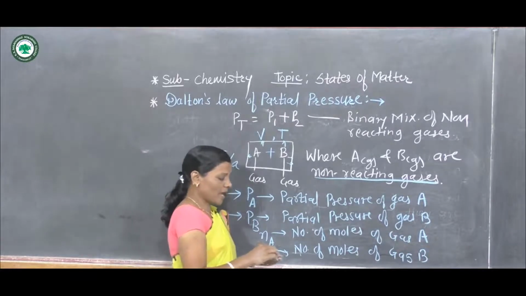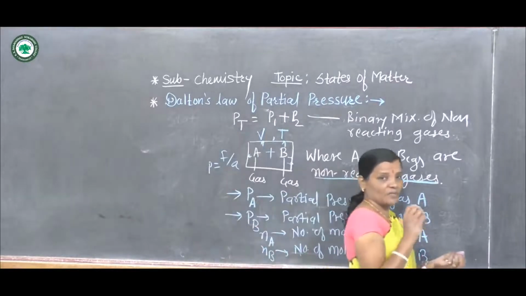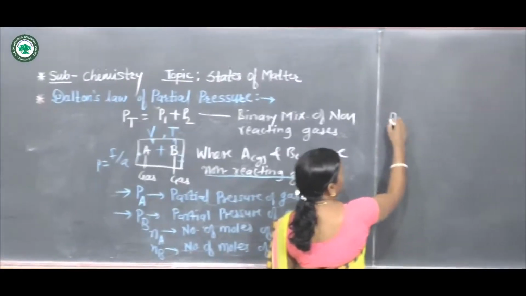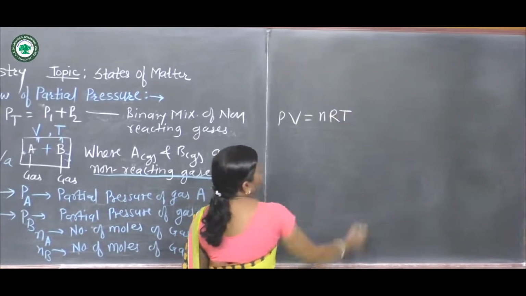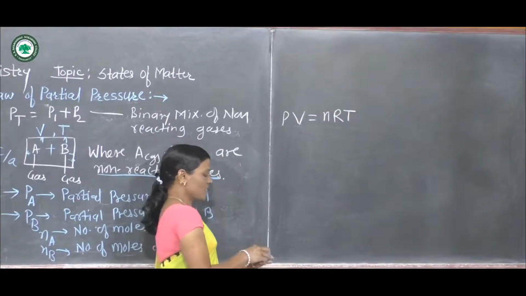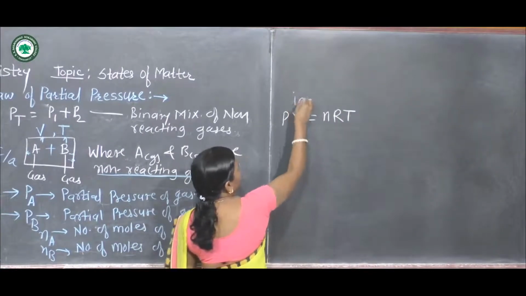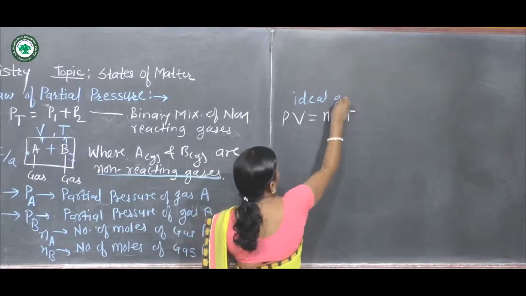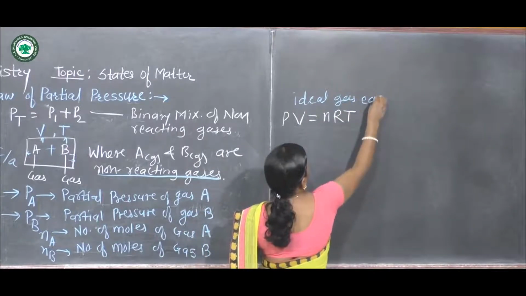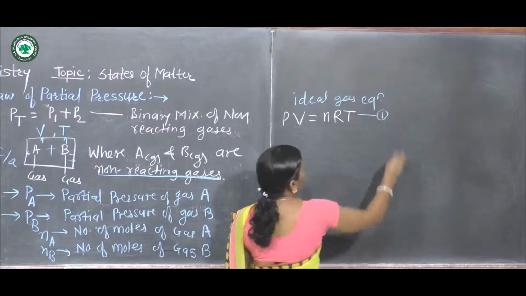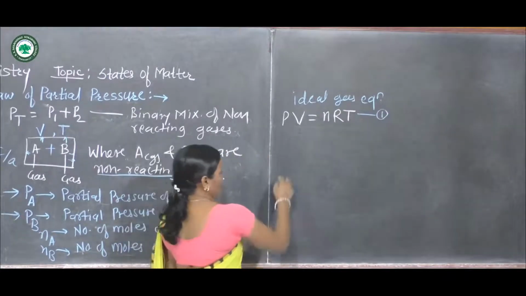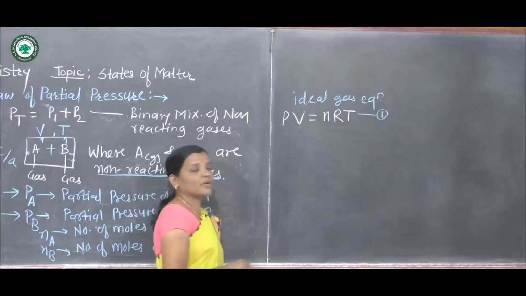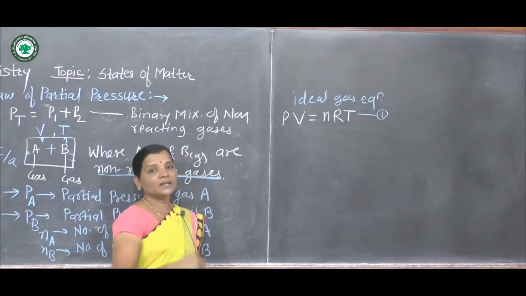Now we have the ideal gas equation. What is the ideal gas equation? PV is equal to nRT. This is the ideal gas equation; suppose this is equation number 1. Now we want to write this equation for gas A, which is filled in the container.